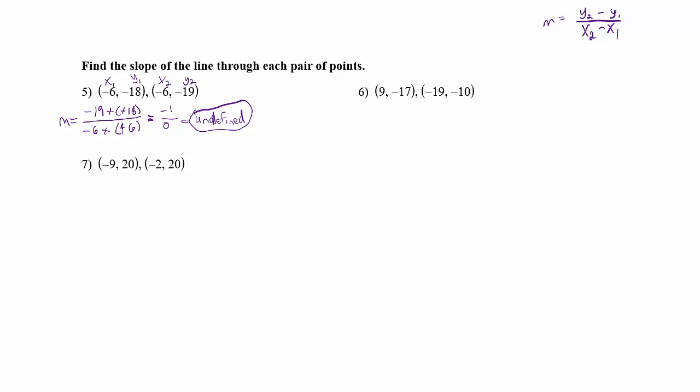These next two problems should be pretty similar. We just work through, we can label them x1, y1, or you may not need to label them if you can keep track in your head of which one is which. We'll do -10 minus a -17. And then -19 minus 9.